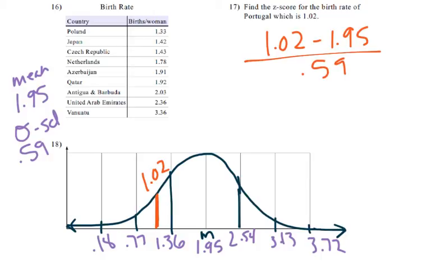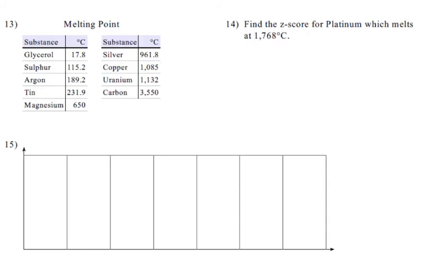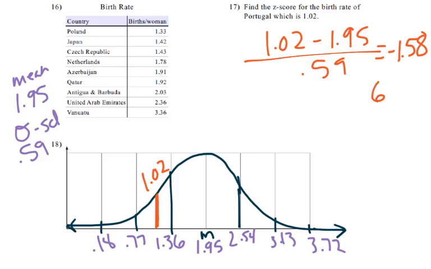So 1.02 minus 1.95 divided by 0.59, we get, for our z-score, negative 1.58 when we round. Okay, now we're going to take that, negative 1.5, and then the 8, so 0.06, so 6.5%. Okay, so that's our percentage for our z-score.